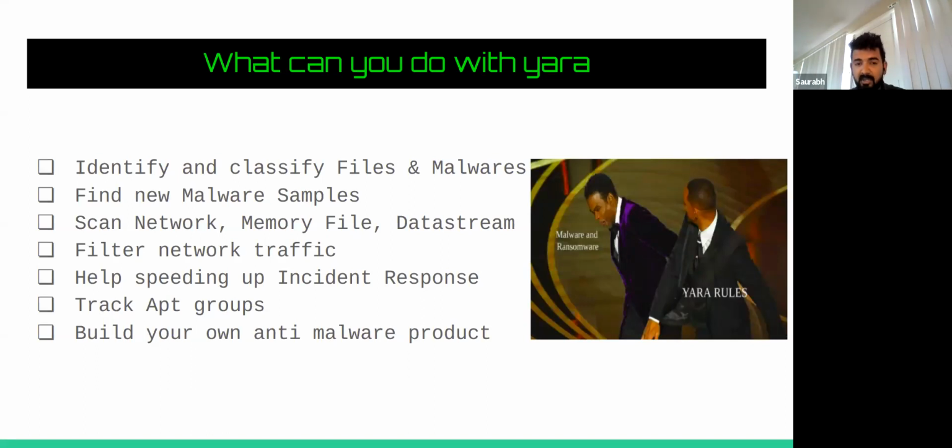By APT, I mean advanced persistent threat groups, the nation state threat actors, and all the bad boys on the internet. Not only that, you can also make your own antivirus with Yara. Basically it's a signature and heuristic based analysis which you can do with Yara.